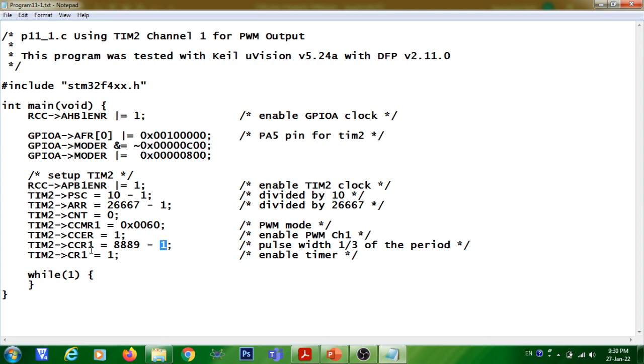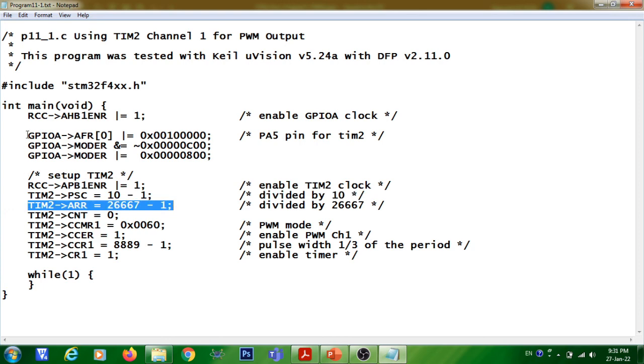Since it is counting from 0 to that value, whatever value you need, minus 1 should be given. Then only the total count required for the duty cycle will be this value. So this is used for configuring the duty cycle, and this is used for configuring the time period.